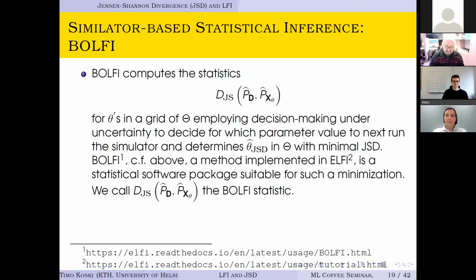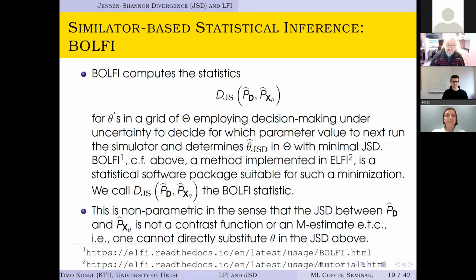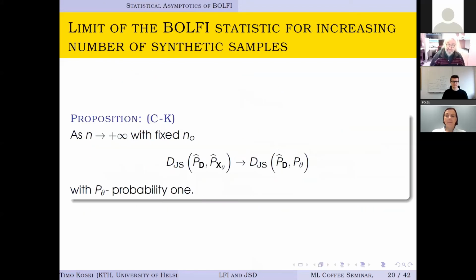You see there's a reference to its homepage and the documents, and it can optimize this by some clever techniques of proposing parameter values to run with. This is implemented in what's known as ELFI, a statistical software package, I think mainly from Aalto University these days. And as I said, this is non-parametric.